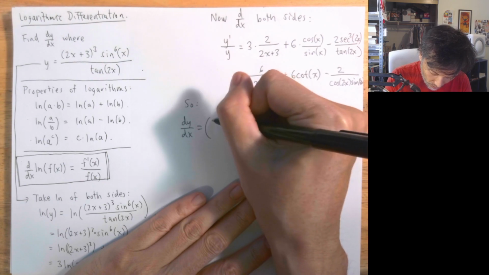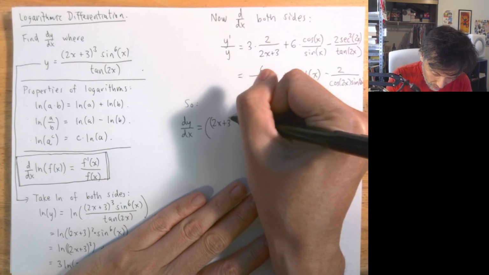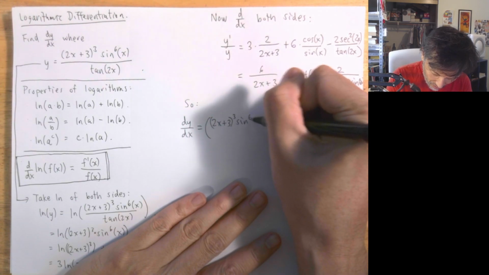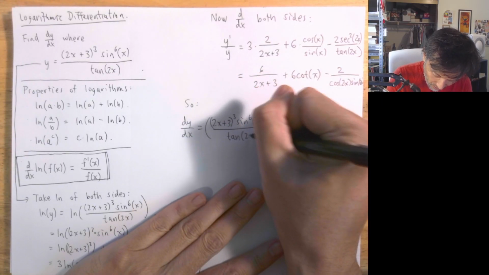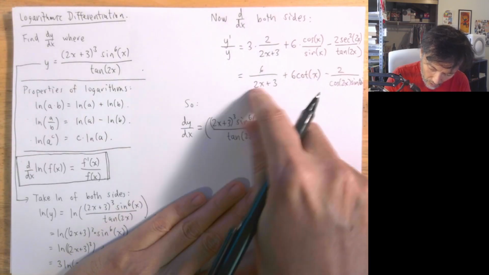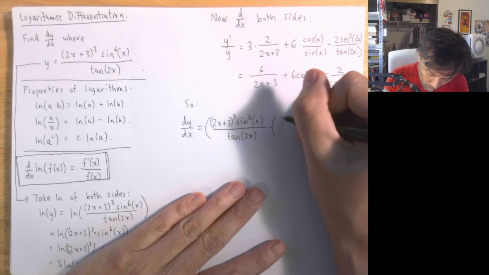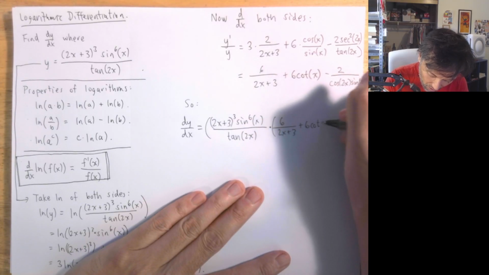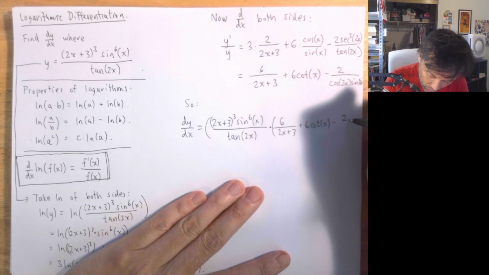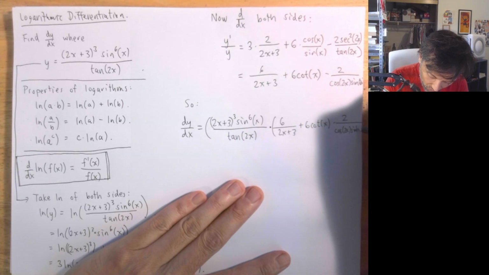So (2x plus 3) cubed sine of x to the sixth divided by the tangent of twice x, times all this mess here: 6 over (2x plus 3) plus 6 cotangent of x minus 2 over cosine 2x sine 2x.